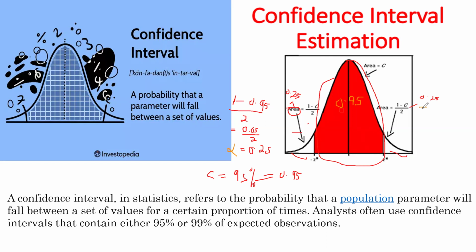So this is how we get it, and here we call it alpha. Here we also call it alpha. That is the level of significance for a two-tailed test. Of course, from here you can see that this is a two-tailed test. This tells us that the standard mean is not equal to some value. So it is a two-tailed test.